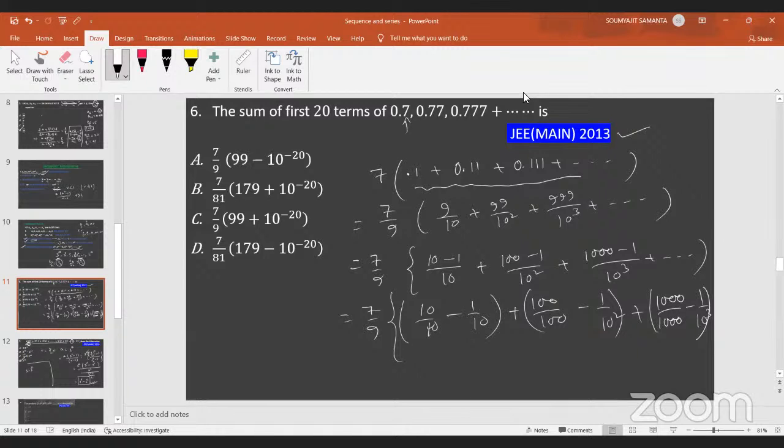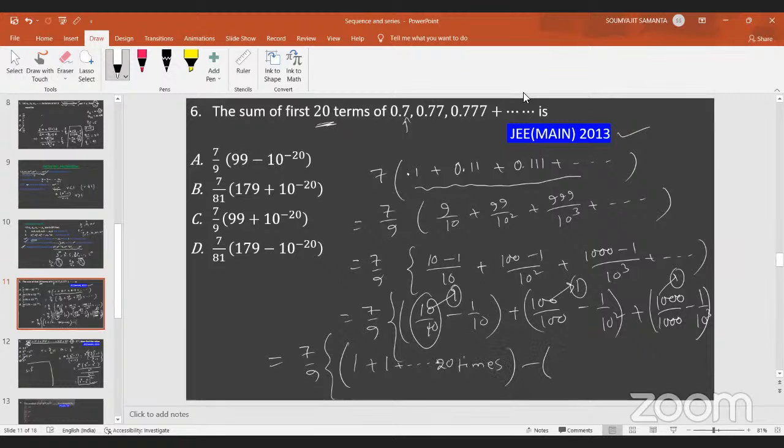So you will get 7 by 9, and say they have asked you to sum up till 20 terms. So we'll group 20 terms. 1 plus this will become 10 by 10, this will become 1, this will also become 1, this will also become 1. So take the first 20 terms of this, it will become 1 plus 1, 20 times, yes or no?